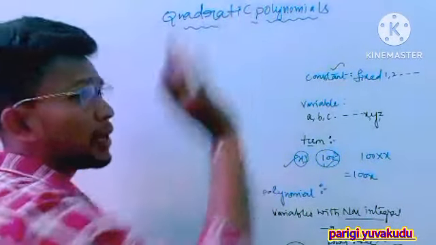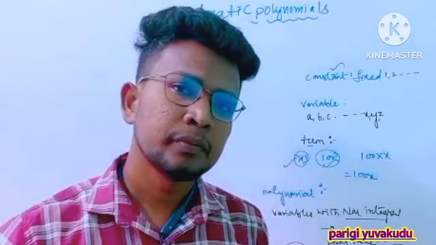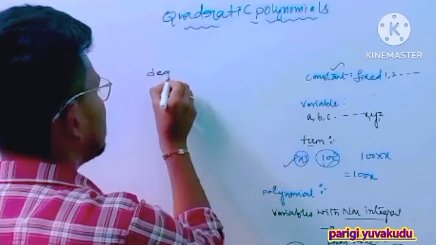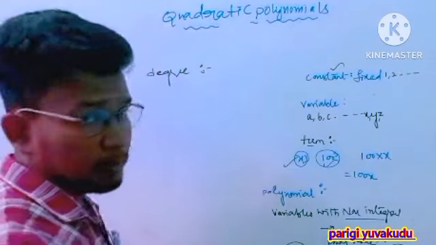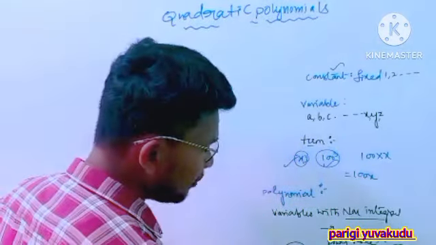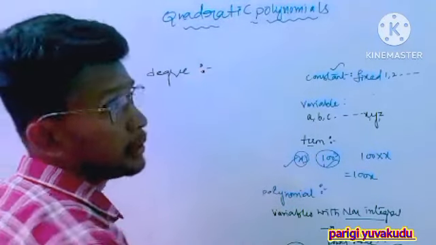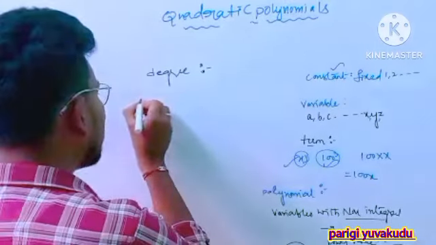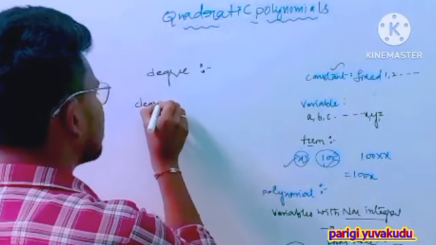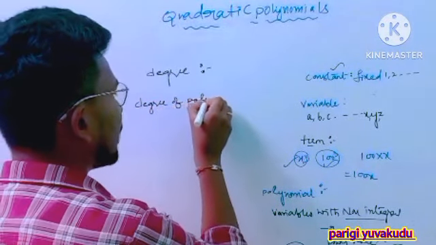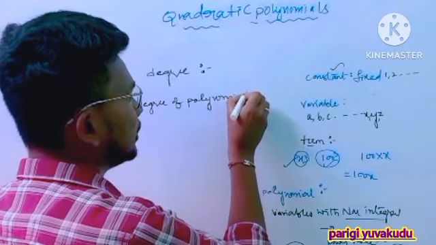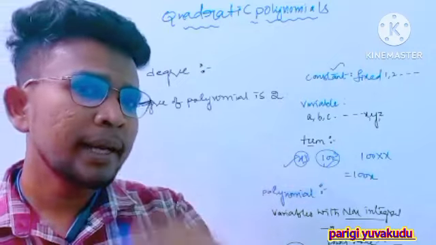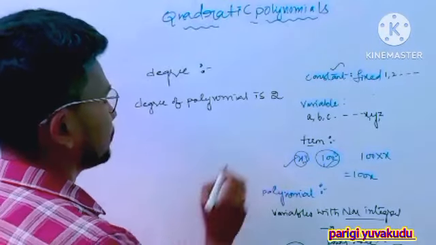Now what is meant by quadratic polynomial? Here we need the degree first of all. If the degree of the polynomial is 2, then that polynomial is known as a quadratic polynomial.